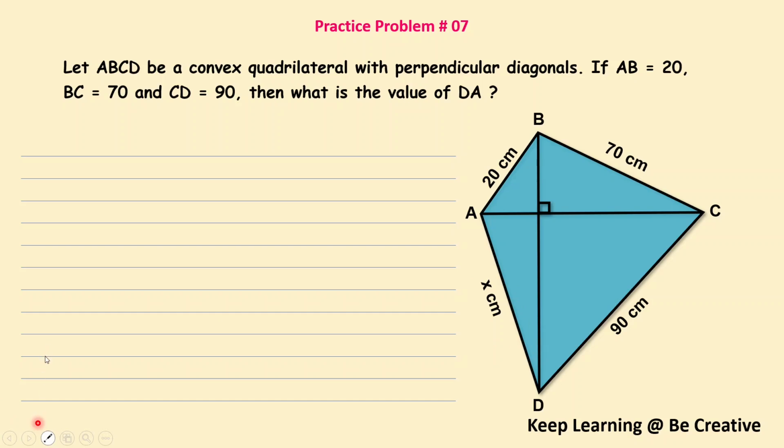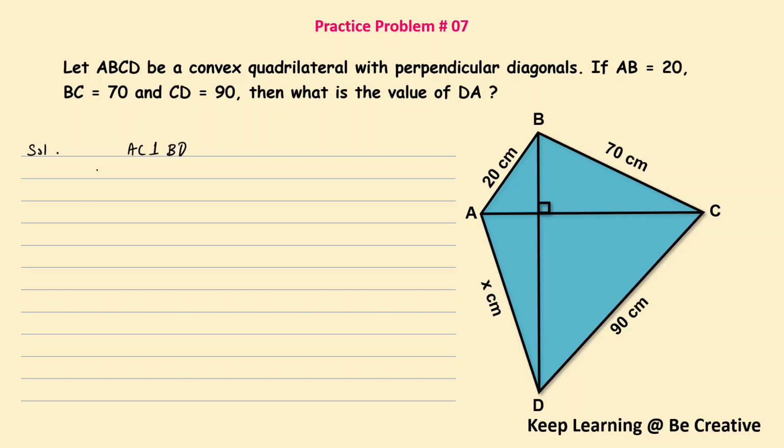Now this problem is very easy if you know the concept related to this given piece of information, that is perpendicular diagonals. Here we can clearly see that diagonal AC is perpendicular to diagonal BD.